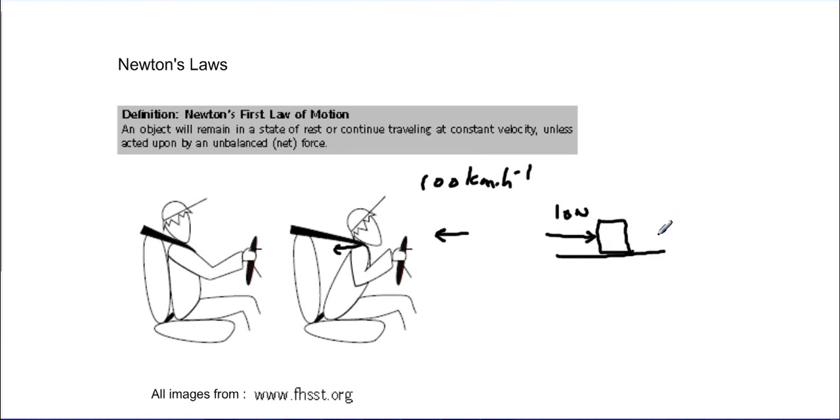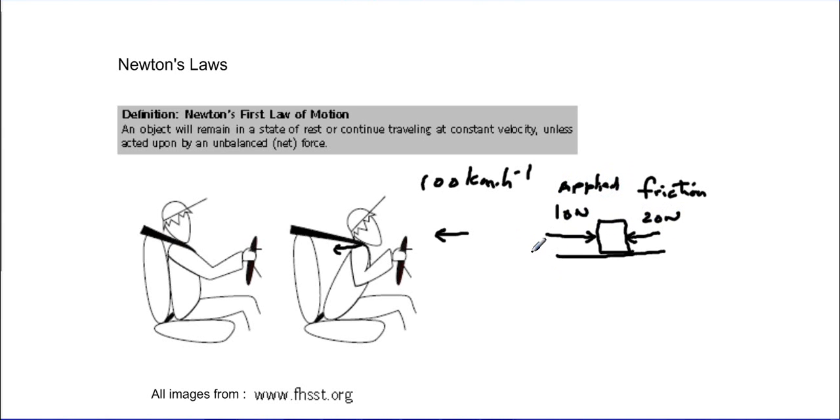If there is friction, for example 20 newtons on this side, then the object will not move, because the friction force is greater than the applied force. If you apply 10 newtons and friction is 20 newtons, the object will not move.